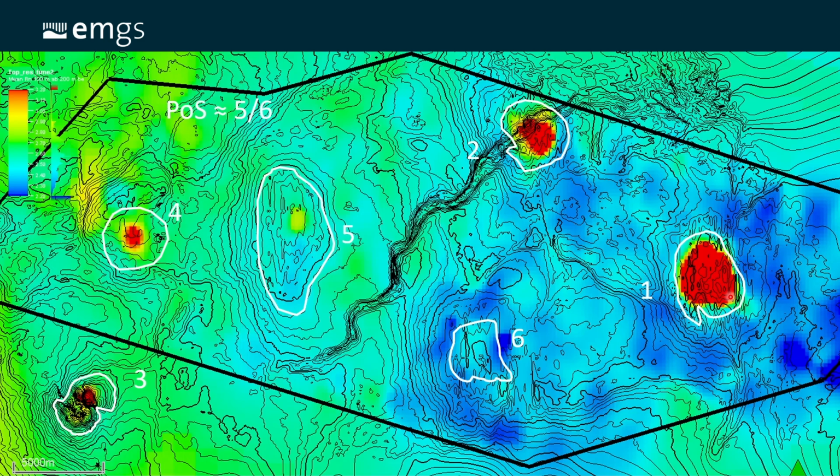Five out of six are working in terms of containing some hydrocarbons, but your first choice for drilling, your biggest choice, would be to drill this one here. It's quite remarkable, in my opinion, that it would be a very, very different drilling sequence than you would have got from your seismic alone.